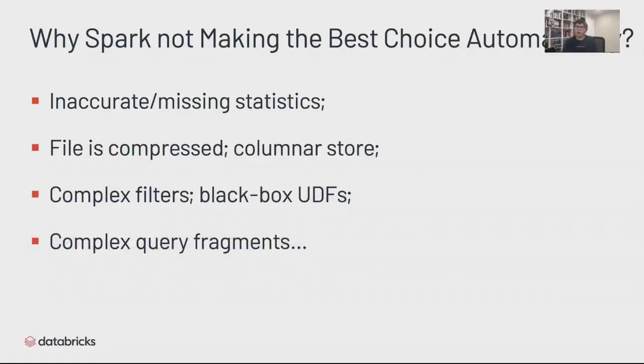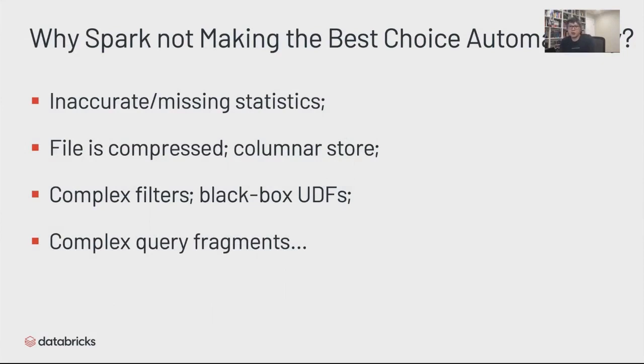You might be wondering why Spark is unable to make the best choice by itself. I can easily list multiple reasons, like what we said before. The statistics might be missing or out of date. The file is compressed, and the file format is often column-based, so the file size does not represent the actual data volume.